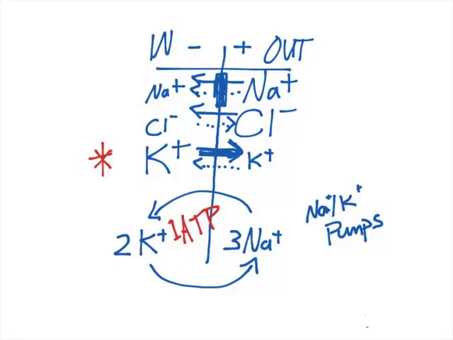Take something like a stroke, where all of a sudden we cut off blood supply. And now we've cut off the supply of nutrients to the neurons. And so the neurons aren't going to be able to produce new ATP. And so the ATP is going to go away and these sodium-potassium pumps aren't going to be able to operate anymore.